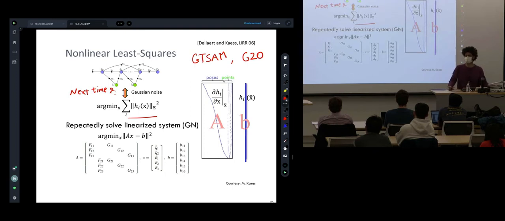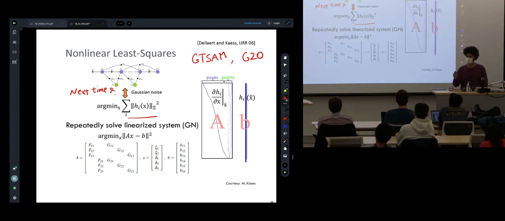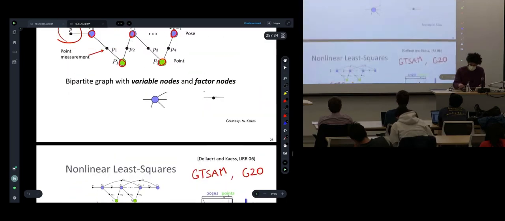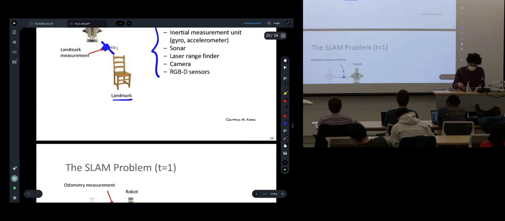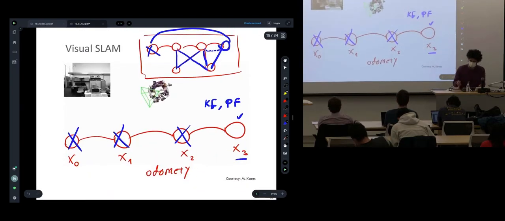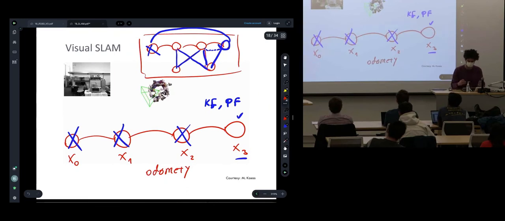In this case, we are tracking the entire trajectory and also the map, the landmarks. It turns out it is slower to do what the Kalman filter is doing. Why? Because when you get rid of history, I excluded that slide, I thought you're not going to ask, so I'm going to draw it.